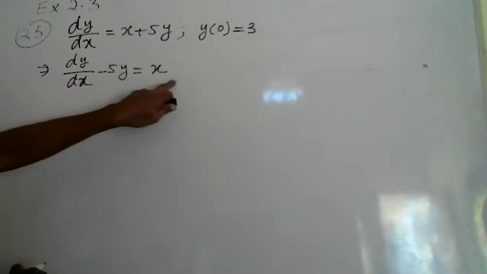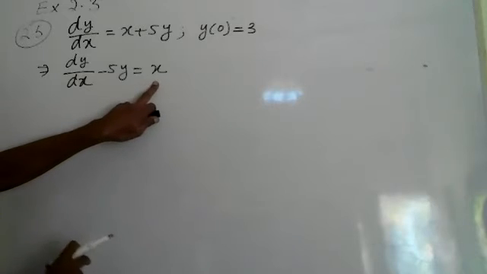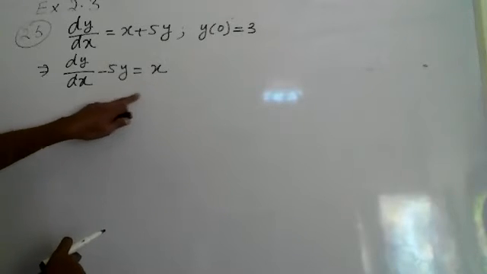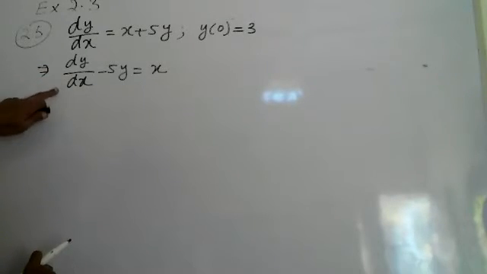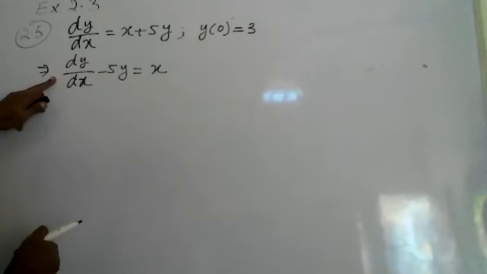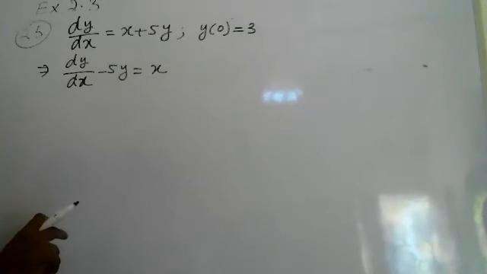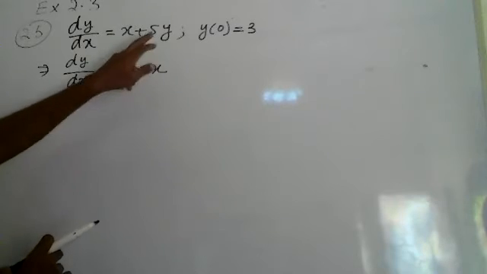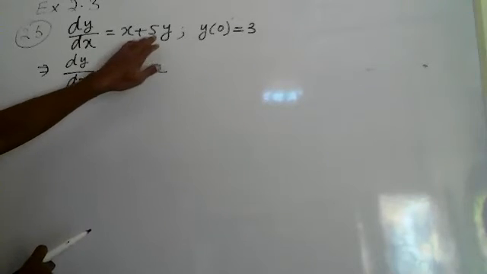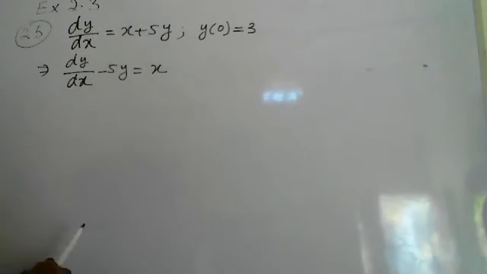Now there is no term involving y on the right side. Second, the coefficient of dy upon dx should be equal to 1, so that's also fulfilled. Now this is the standard form.